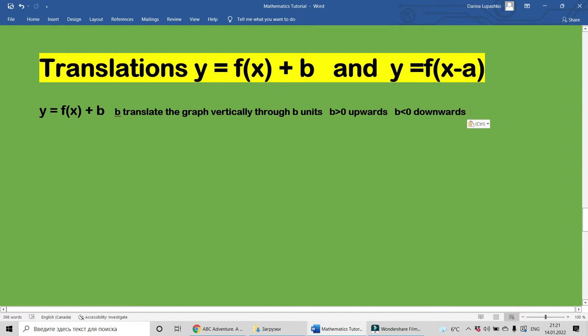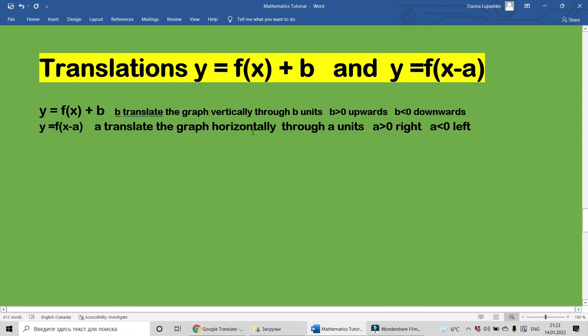So everything is opposite. If we are subtracting some number from x, so a is positive, we are moving to the right. So a translates the graph horizontally through a units: if a is positive, we go right, and if a is negative, we go left.